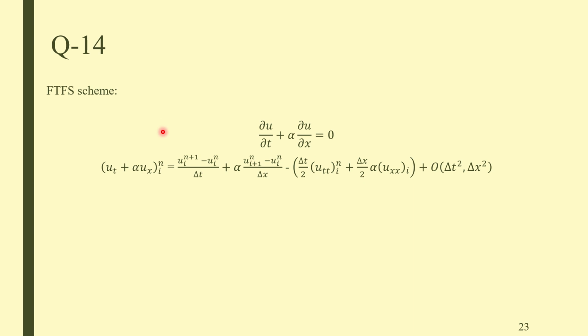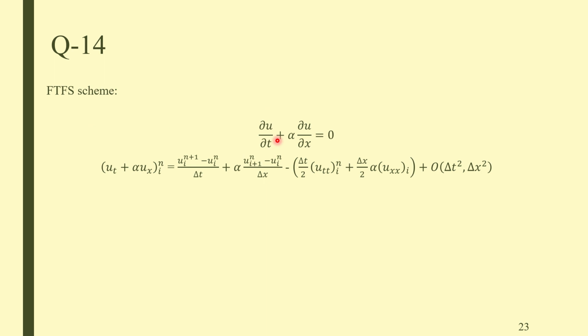So how? Forward time forward space scheme. The general equation is dou u by dou t plus a times dou u by dou x is equal to 0, and we are expanding it using forward in time, forward in space.